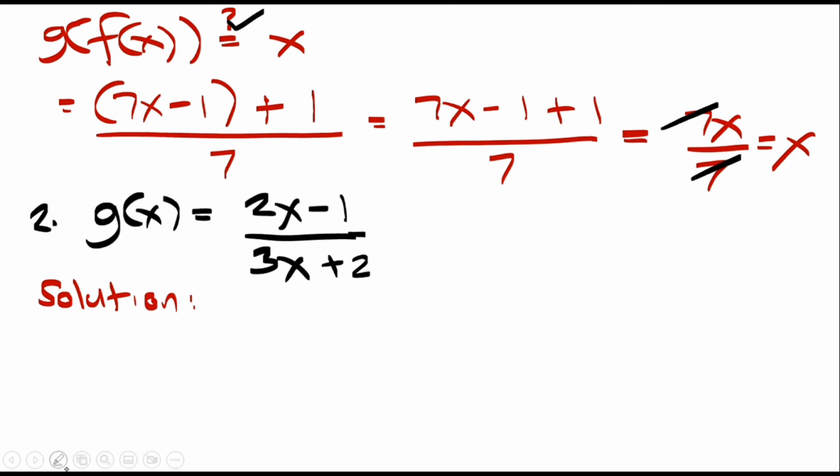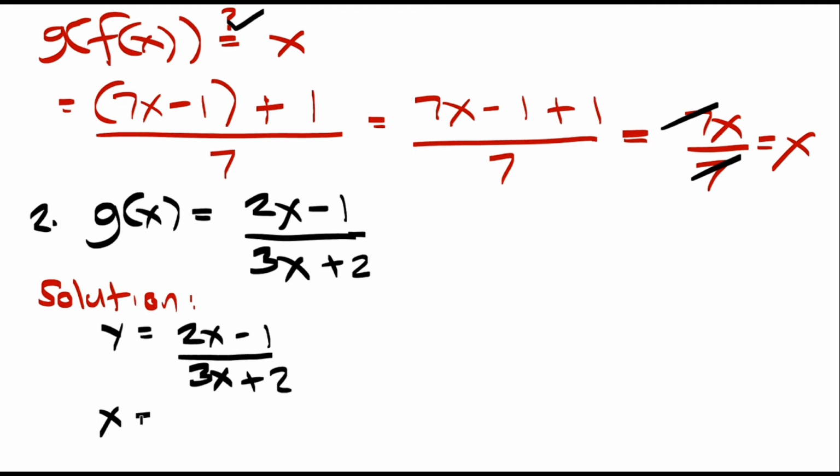So step 1, replace g of x by y. So we have y equals 2x minus 1 all over 3x plus 2. Step 2, interchange x and y. So make y x and make x y. So we have x equals 2y minus 1 all over 3y plus 2.